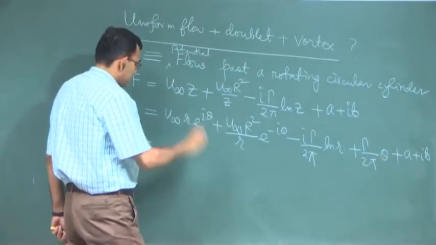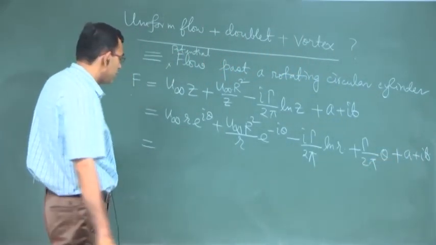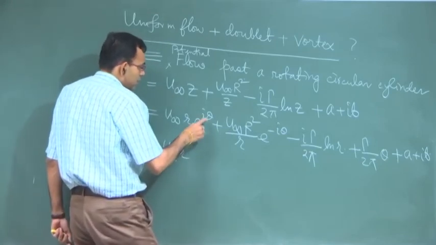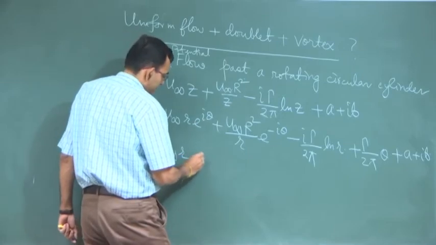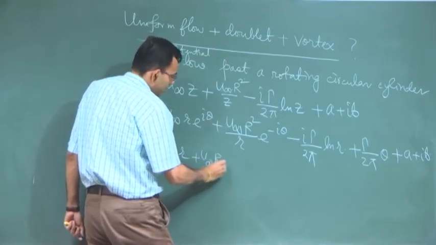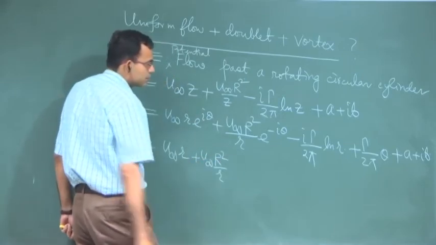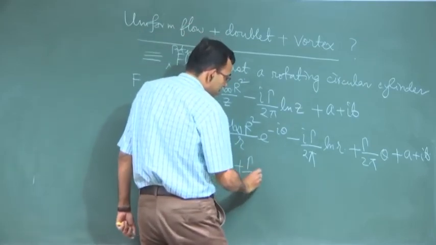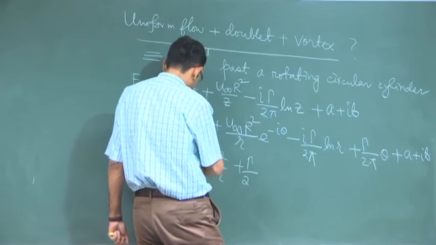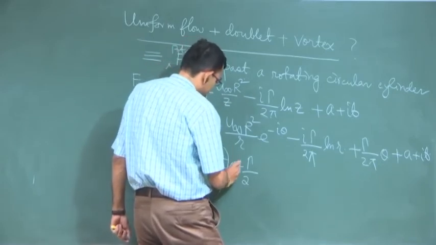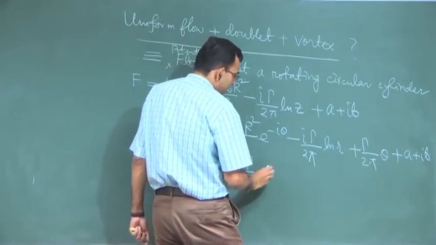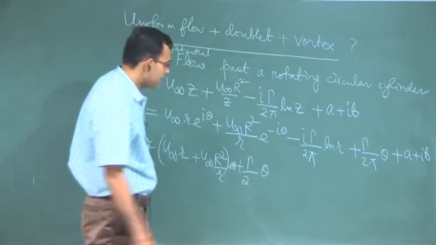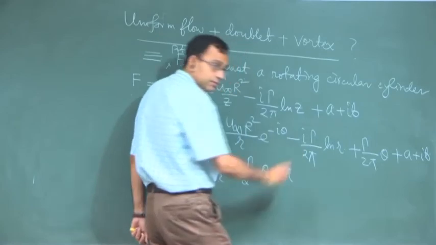So, you can separate the real and imaginary parts. u infinity r plus u infinity r square by r, this into cos theta plus gamma by 2 pi theta plus A, that is the real part, right.